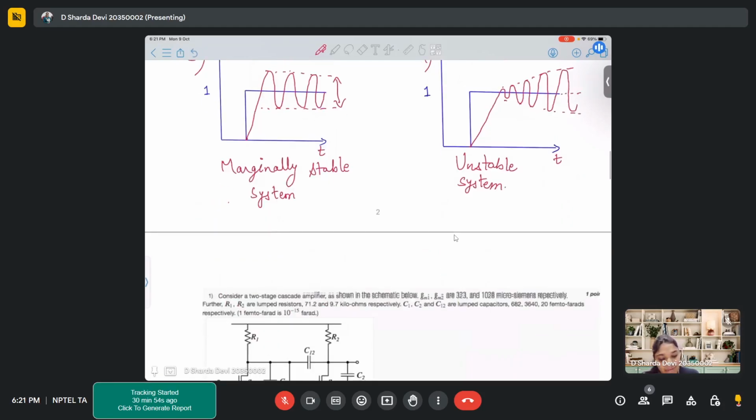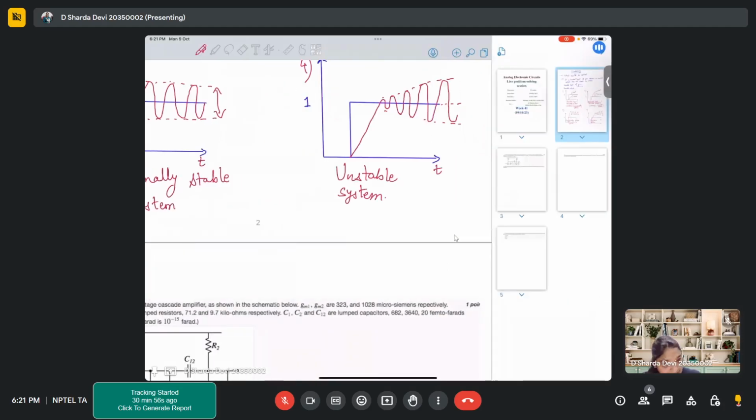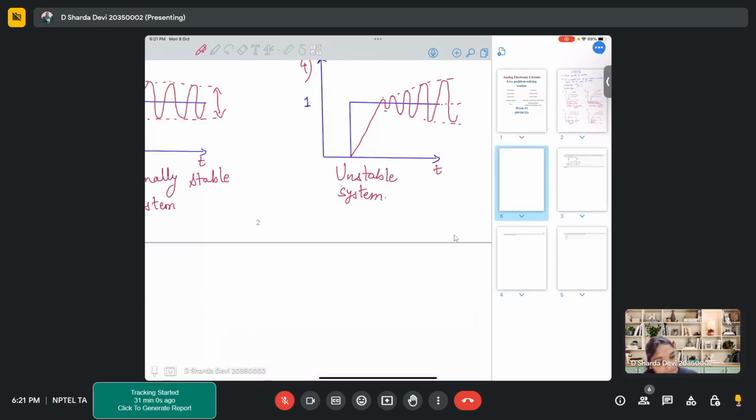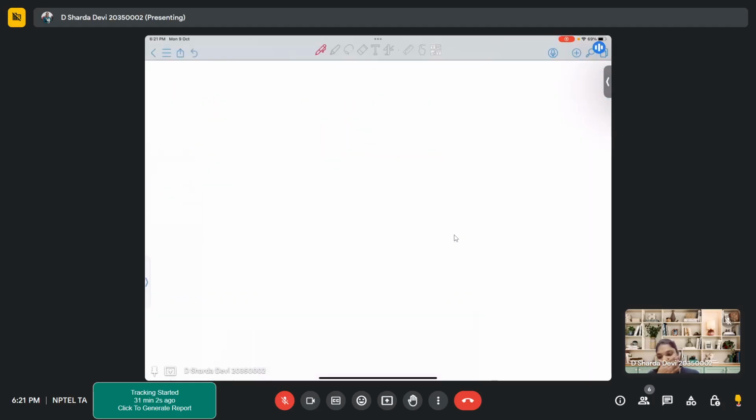So whenever we are talking about stability, we work in that same S plane, in the frequency domain.